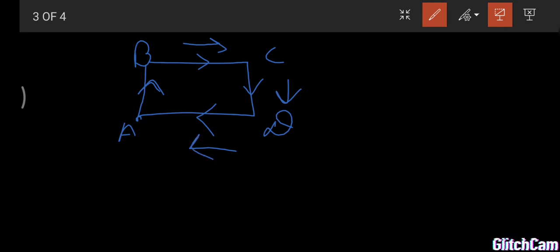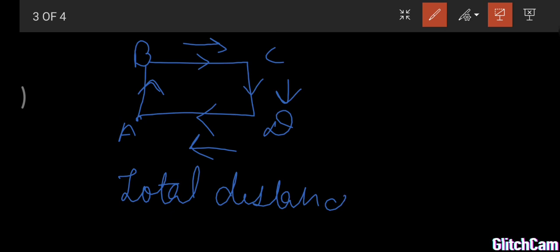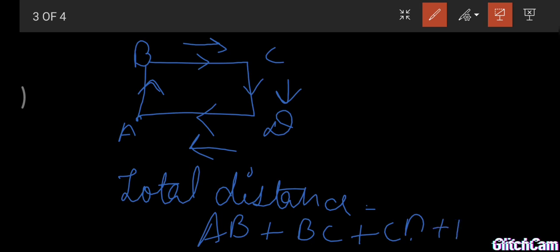Now if you calculate the total distance covered by the man on the rectangular path, the distance equals AB plus BC plus CD plus DA.